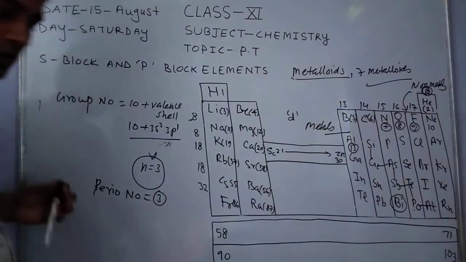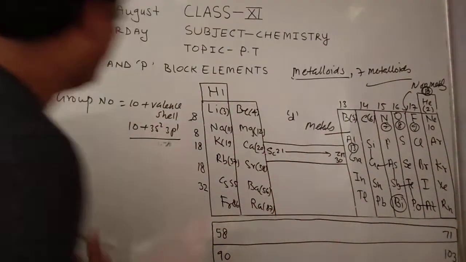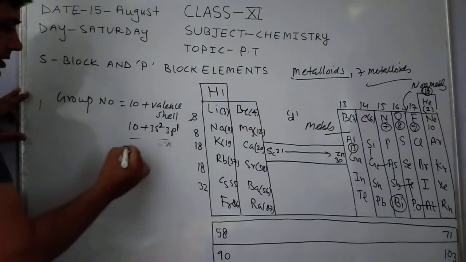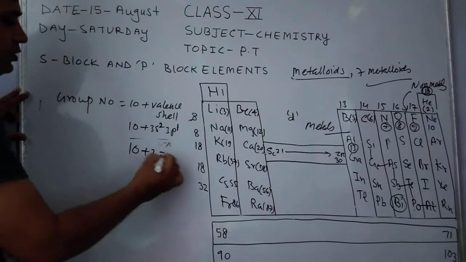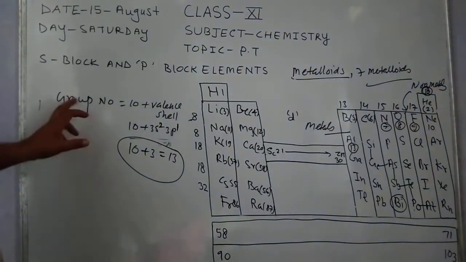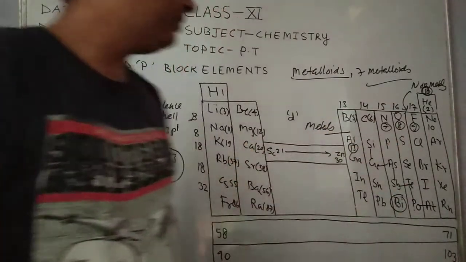So the total number of electrons in the valence shell of aluminium is 2 plus 1, that is 3. So 10 plus 3 is equal to 13. With the help of this formula we can calculate the group number of p block elements.